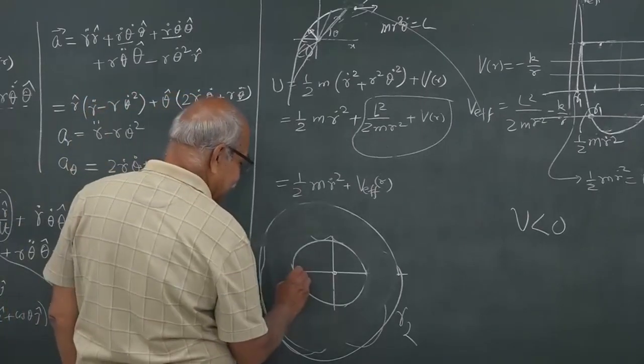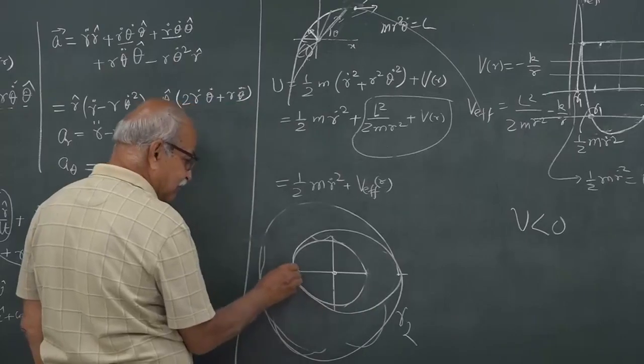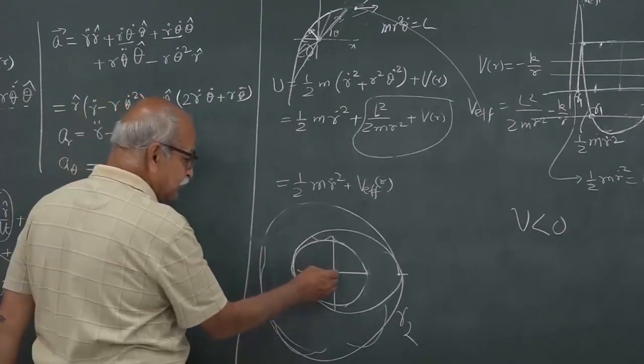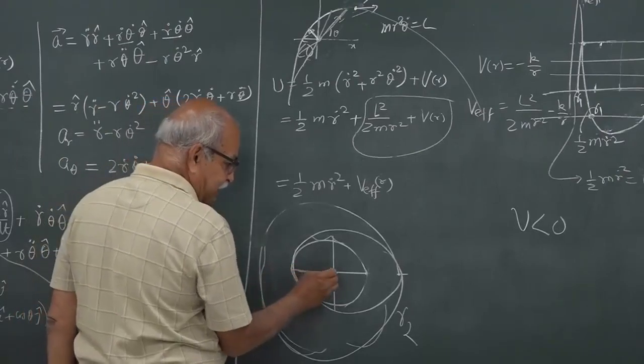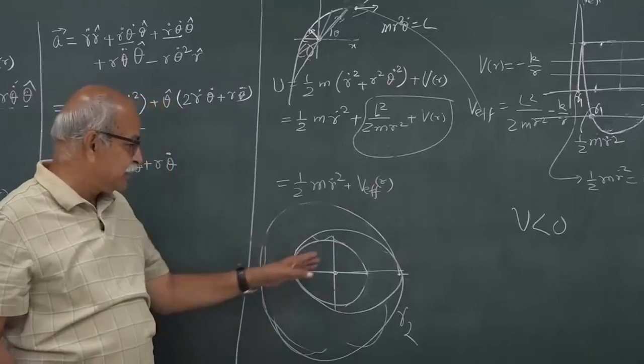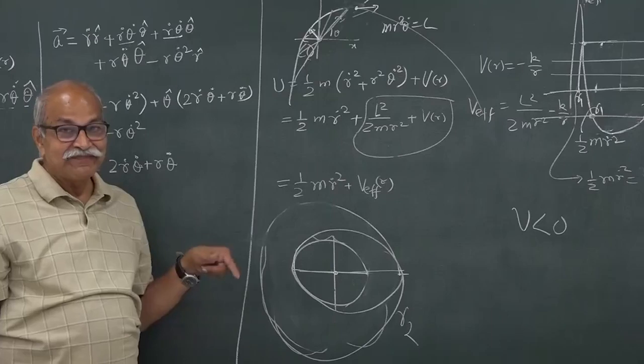So, it will be something like this, it could be something like this. Minimum separation is r1 and maximum separation is r2, some kind of ellipse between these two circles. So, that is the path.